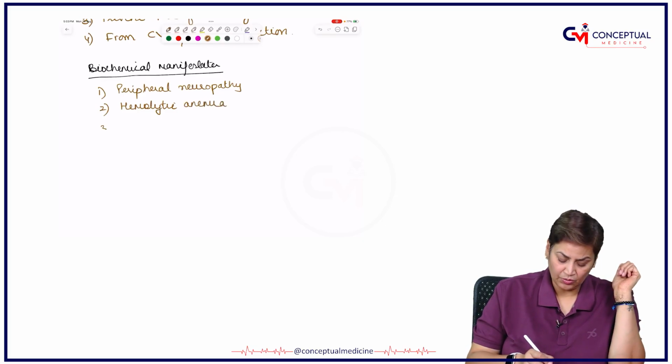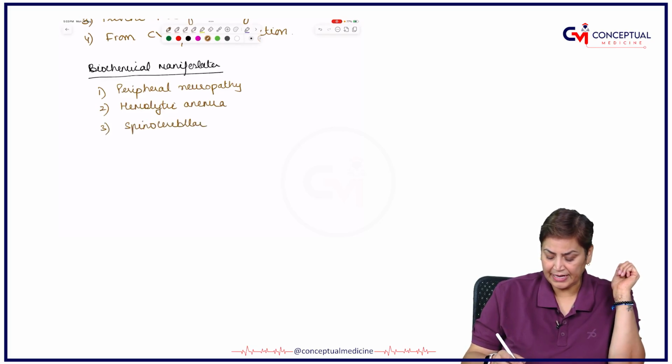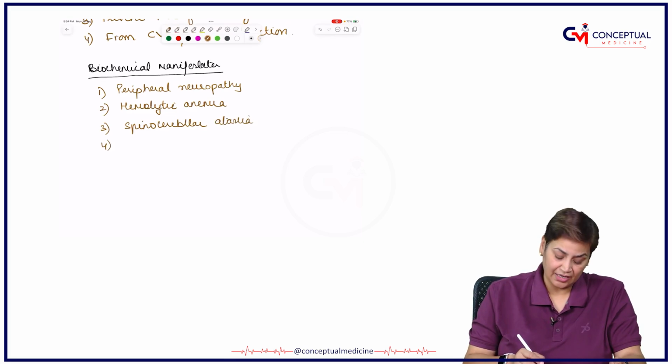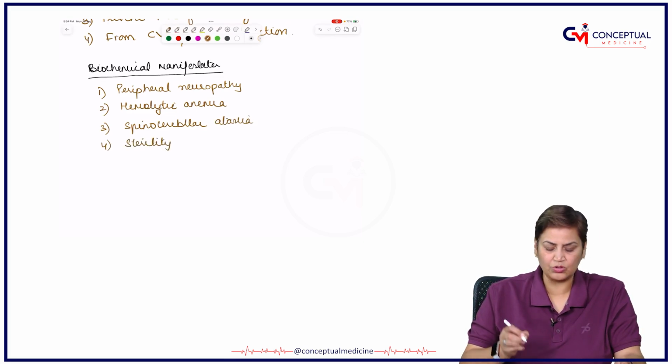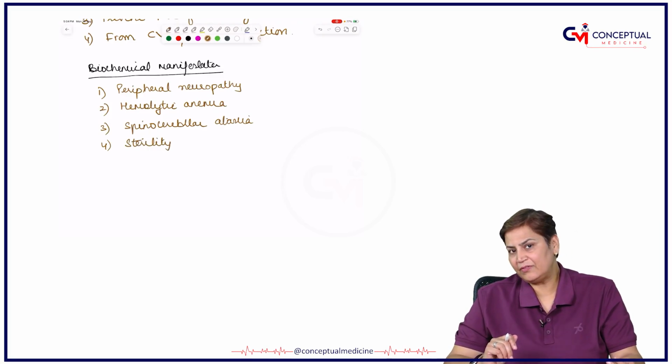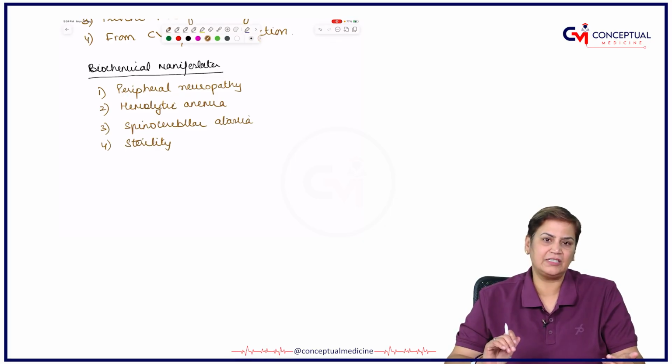Then it can lead to spinocerebellar ataxia, and to some extent it might lead to sterility also, because it plays an important role in reproduction. So these are some of the deficiency manifestations of vitamin E.